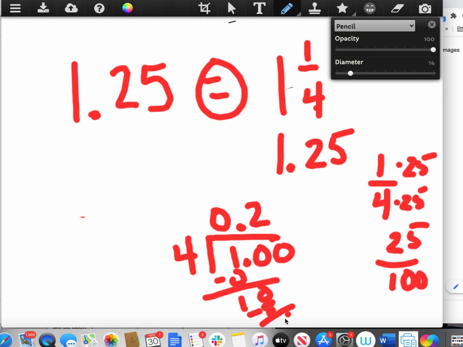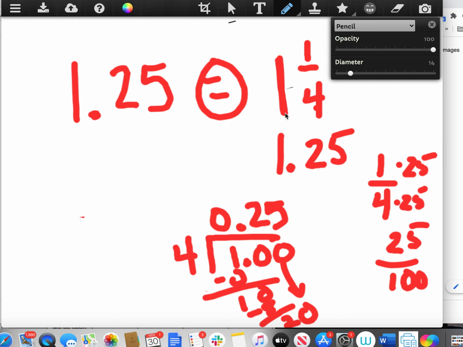Subtract, drop 0. And 4 goes into 20 5 times. Same answer, right? 0.25. Then I've got my 1 whole, so it becomes 1 and 0.25 or 25 hundredths. Same thing. So now you can compare them because they look alike.